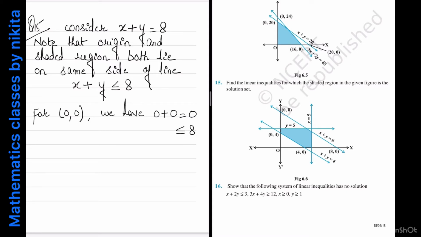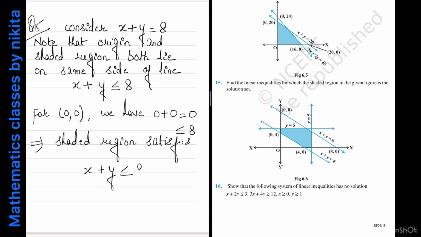So this implies that the shaded region satisfies x plus y less than or equal to 8. Mark this as 1. When I say that the shaded region satisfies this inequality, it means that if you pick any point from the shaded region, it will always satisfy x plus y less than or equal to 8, but not conversely.